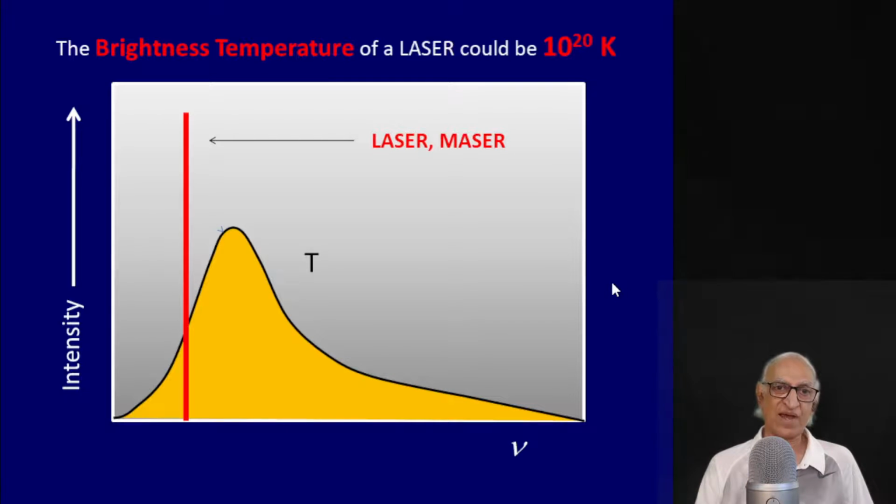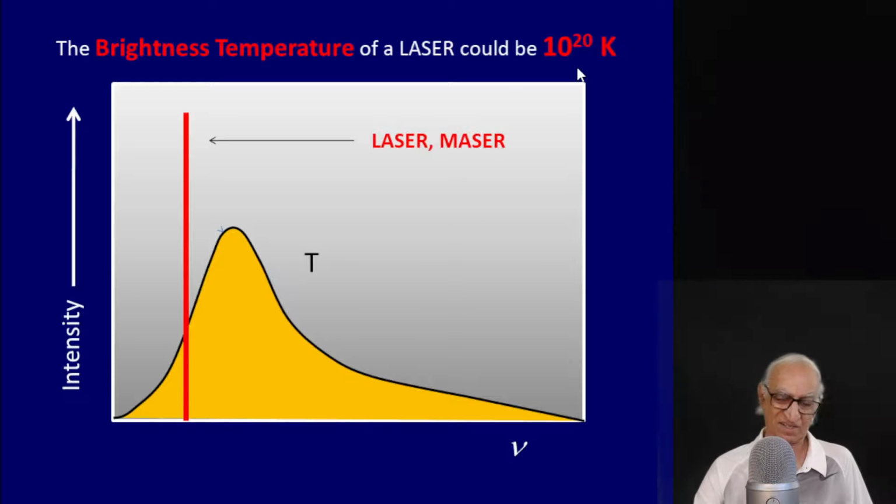So when an astronomer finds that a source has a ridiculously large brightness temperature, the astronomer will conclude that the radiation is not incoherent. Whatever the body or mechanism, the radiation is coherent, like from a laser or a maser. We shall come back to this when we discuss radiation from pulsars.